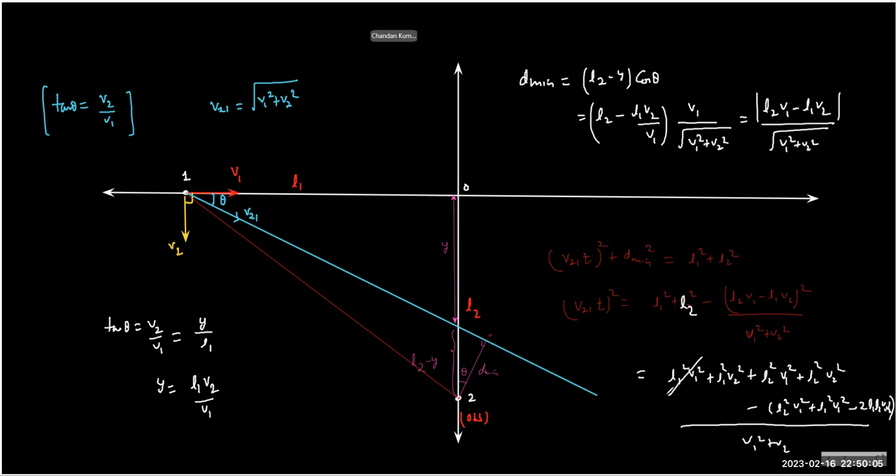So L2 square V1 square will cancel out, and L1 square V1 square cancels, right? What we are left with is L1 V2 minus L2 V1 whole square, right? So this is what you did, correct?